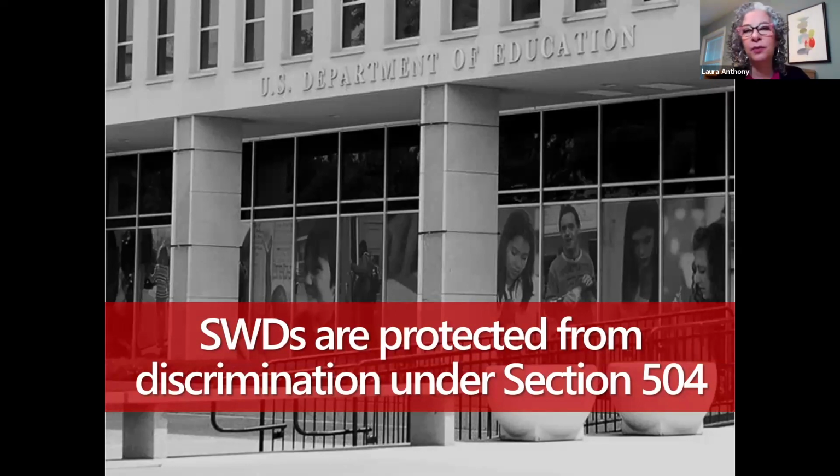Let's say they are treated more harshly than students who are not identified as children with disabilities. Let's say they're being disciplined for, ding, ding, ding, behavior that is caused by their disability. If you are being disciplined for behavior that results from your disability, that is a manifestation of your disability, that is potentially discrimination.